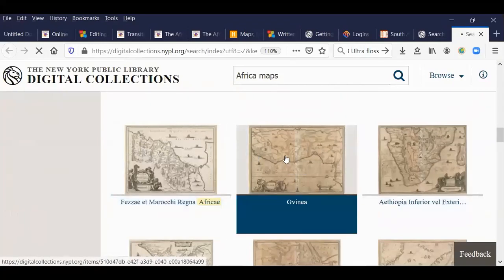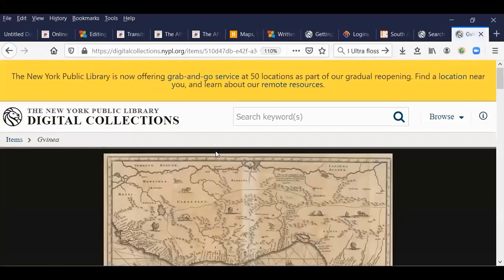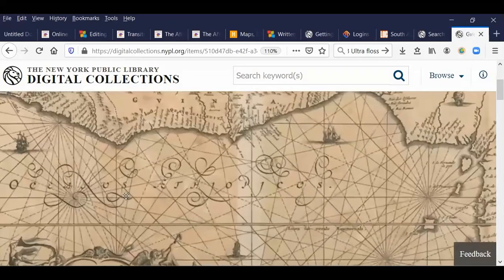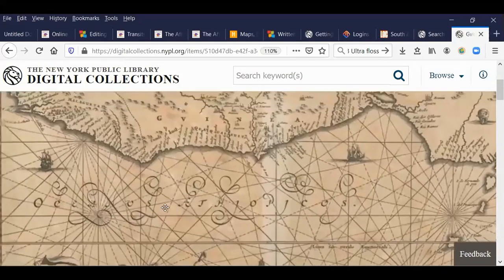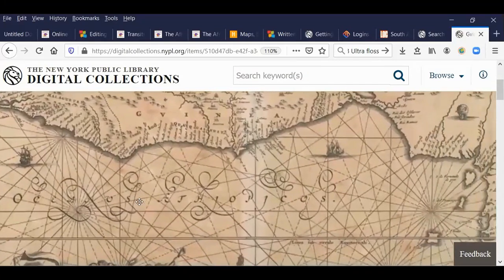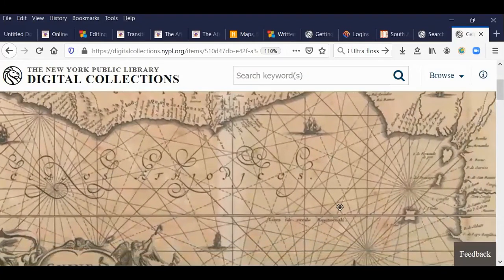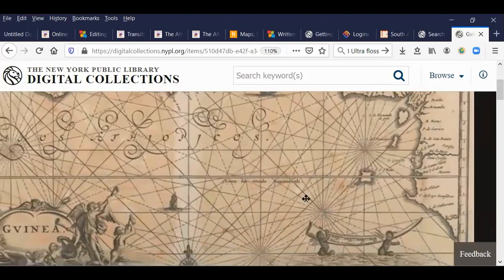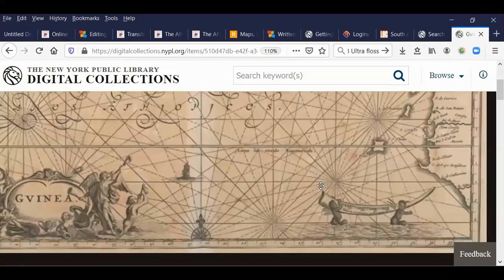Here you just click on the map itself and get right to the digital edition of it. Their zoom function is down here on the left and has to be clicked as a way of getting into the map. And then once again, you can move the map with your cursor held down and maintained in the down position.